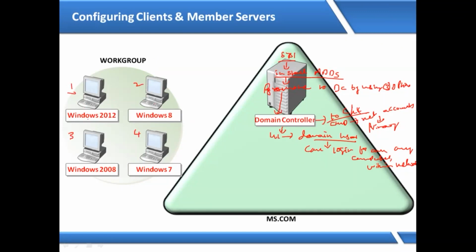So this is our machine with the server OS. Windows 8 is a client OS. Windows 2008 also is a client OS. And here it is a client OS. So here four machines are there. Two machines are on client OS, two are on server OS.